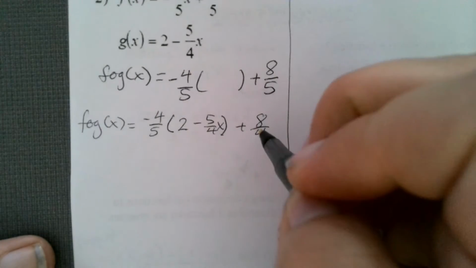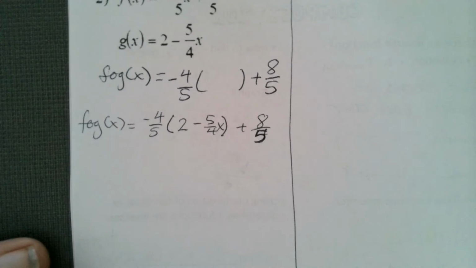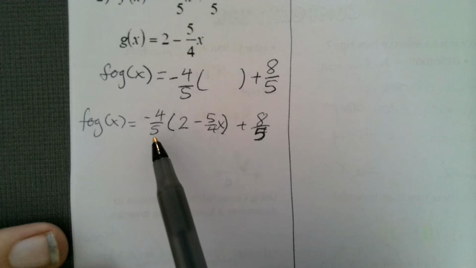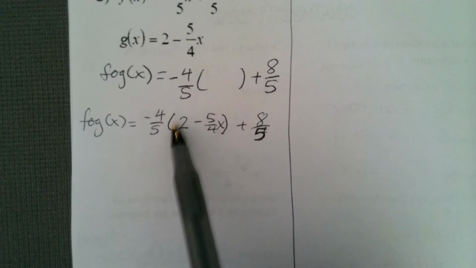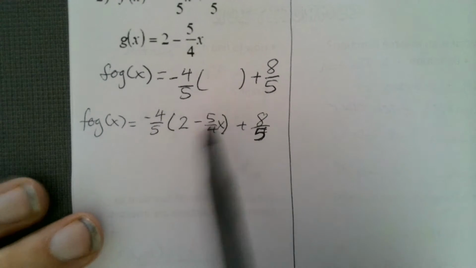And that's supposed to be a 5. Jackson, what do I do with the -4/5 that's in front of the parentheses? Multiply. What's the word that starts with a D? Distribute it. No, you need to multiply. Distribute. Okay?